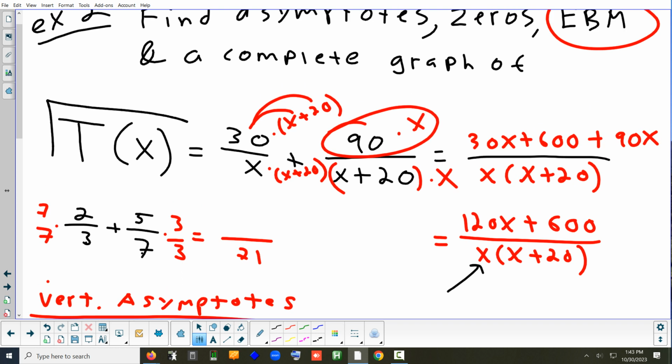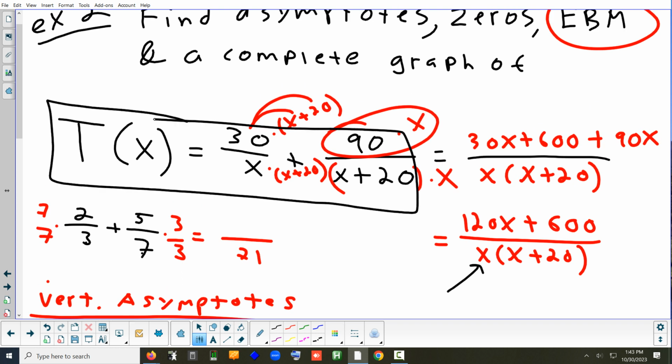Let's go back up and look at our formula. Here was our original problem. What's the y value there? Yeah, t of x, right? Anything that's written with the parentheses with the letter in front, that's the y value.